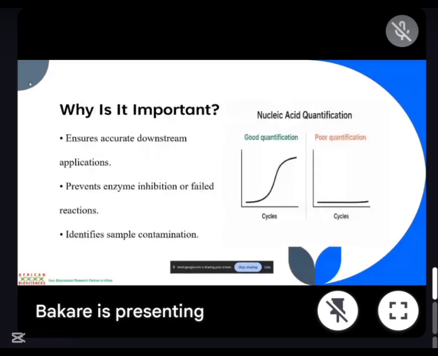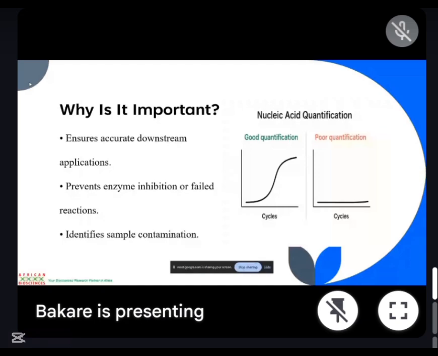And this is why it is important. When you quantify your DNA now, and you know that you have a very good yield, very good purity, very good quality as well, when there is a problem with your PCR, you are not going to feel like, oh, maybe the reason is with my DNA.